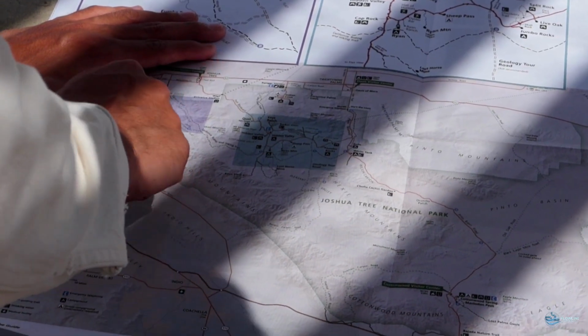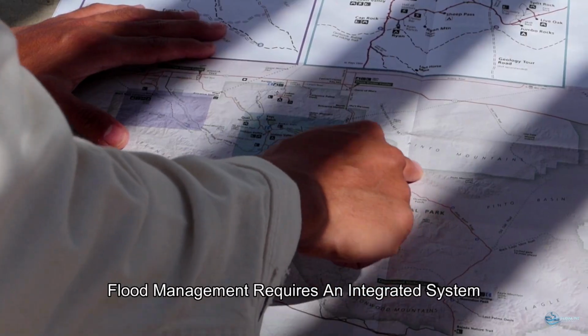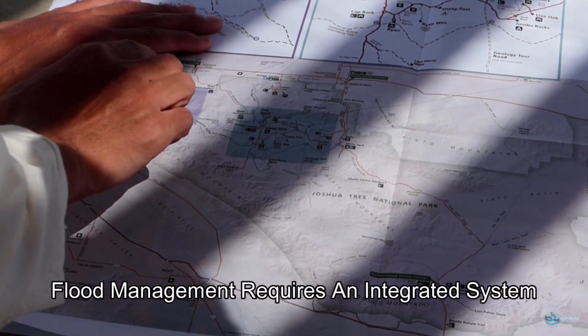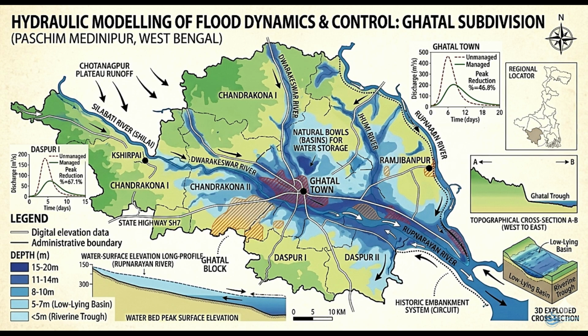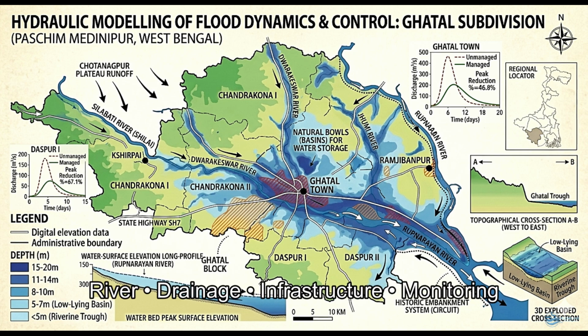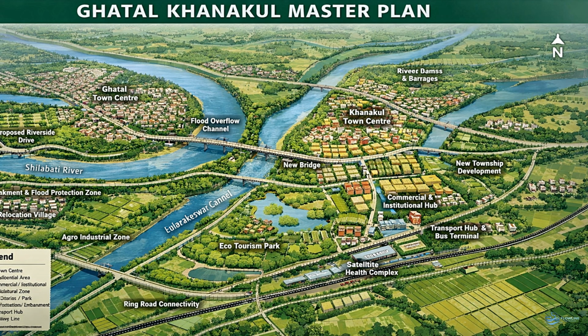A successful flood management strategy may include river improvement, hydraulic structures, drainage enhancement, flood protection measures, monitoring systems, and continuous maintenance. The objective is not to completely eliminate natural flooding. Rivers need space to function. The objective is to reduce the severity and duration of flood impacts on communities.